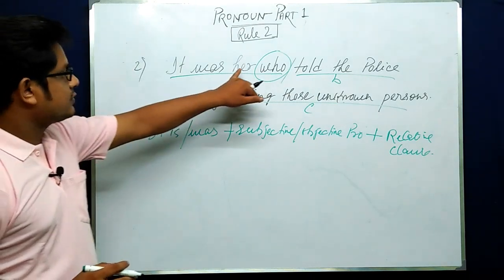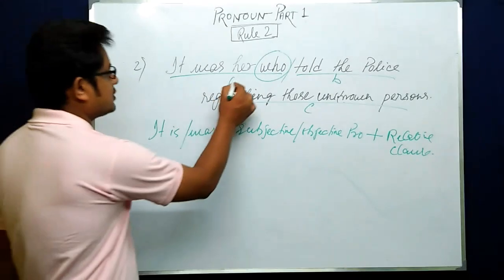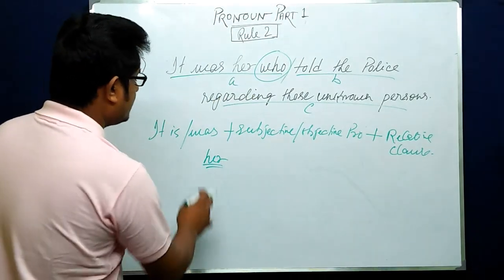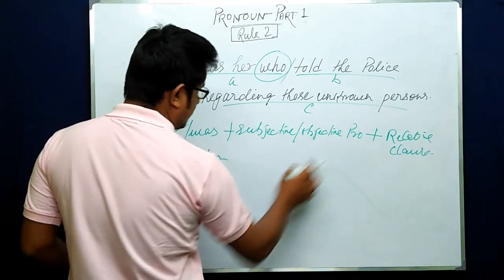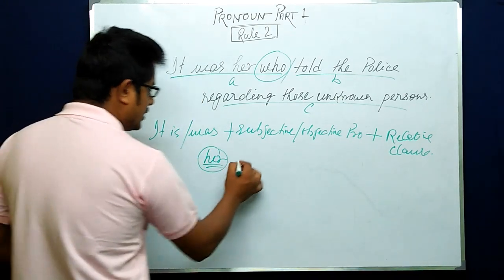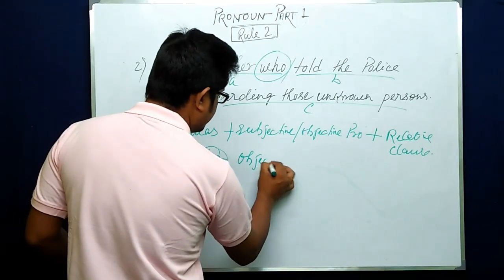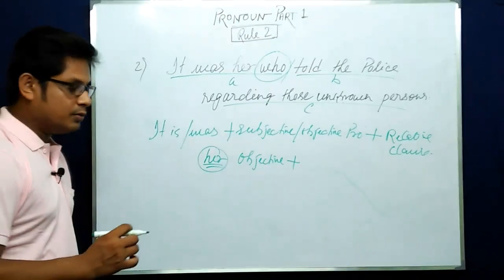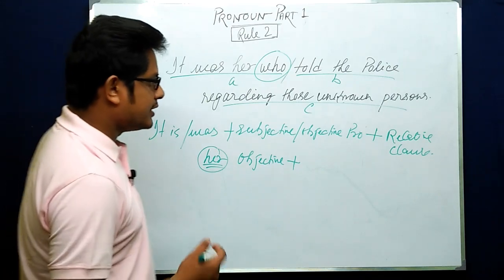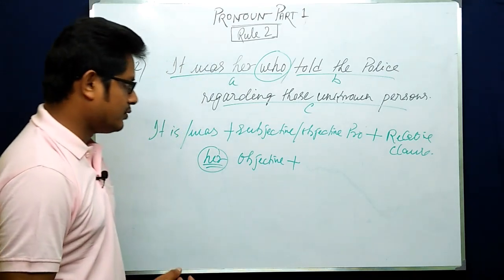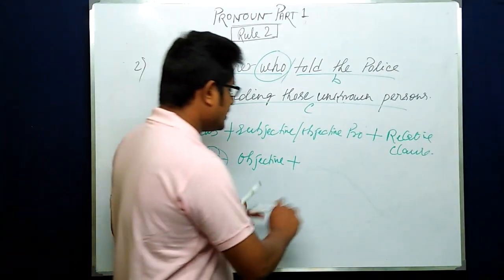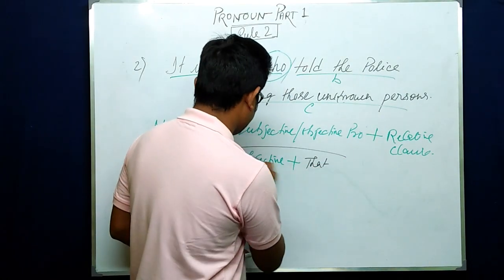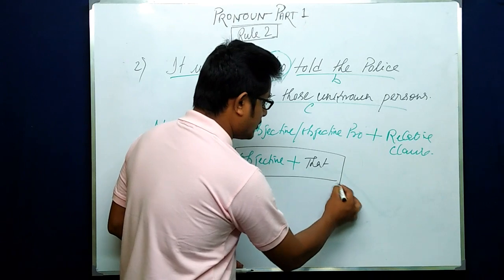See, first of all, over here I have used her. So her, what? Her is an objective pronoun, right? According to the rule, whenever you want to use any relative clause after an objective pronoun, you have to use that. This is the process.